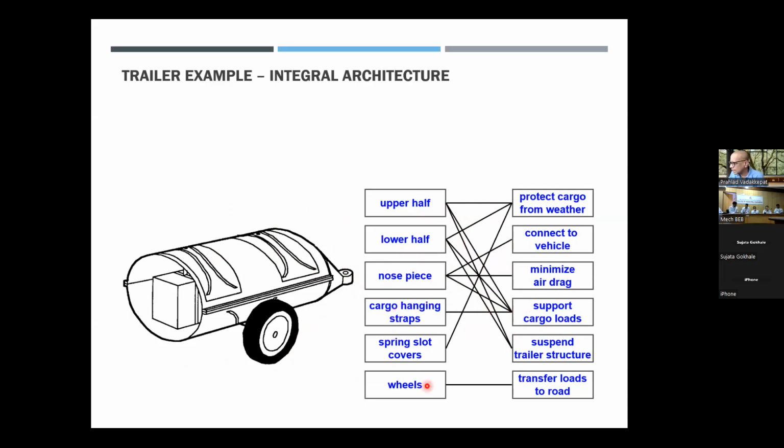So except the wheel, all the others are interconnected. For example, cargo hanging straps are only to support cargo loads, but everything is interconnected. Such things you have to really consider in the design, whether you have to go for modular or integral.